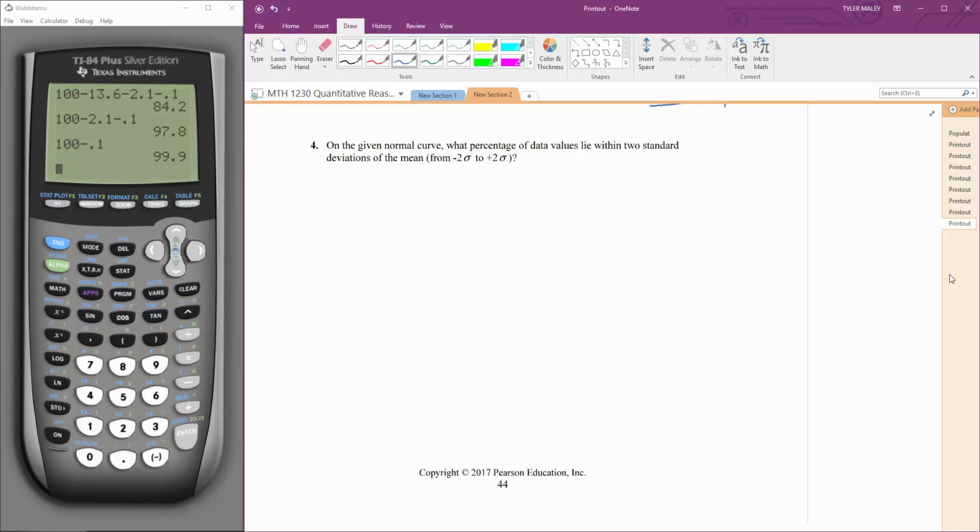All right, good. Jumping down to number 4, it says, on the given normal curve, what percentage of data lie within 2 standard deviations of the mean, from negative 2 sigma to positive 2 sigma?